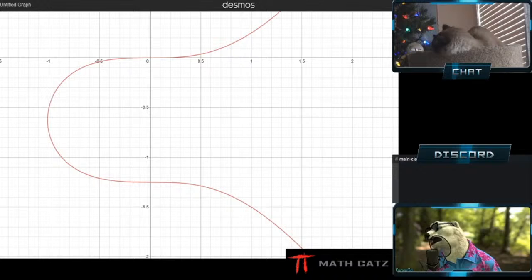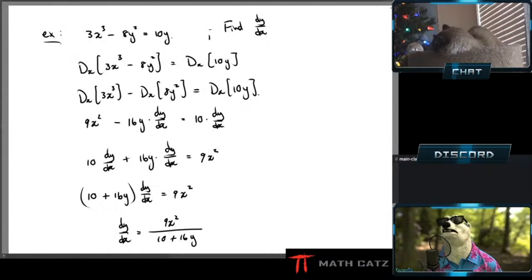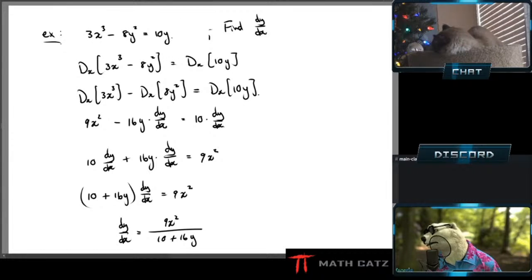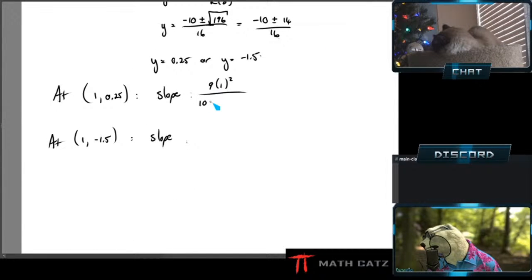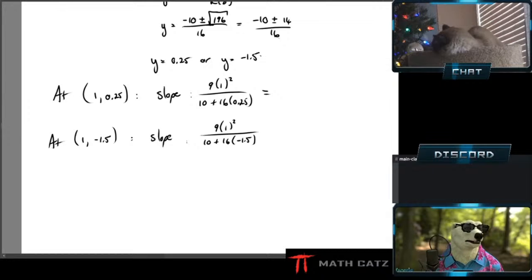So there might be an obvious relationship between these slopes, but it won't be in general. 9 times 1 squared over 10 plus 16y, and this one's the same, 9 times 1 squared over 10 plus 16, but a different y value. What do I get for the top one? I don't know. Calculator time.